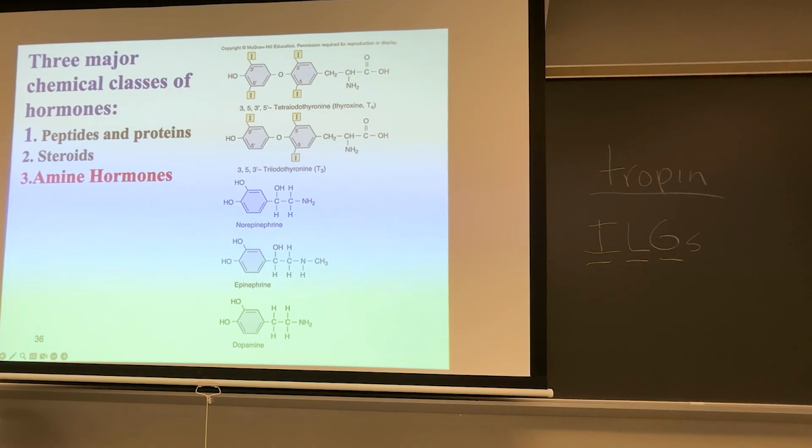All right, so one other thing I like to talk about are classes of hormones. There are a whole bunch of different ways to organize the endocrine system, but here are the three major groups of hormones based on their chemical class. You basically have protein-based hormones that we call peptides or proteins.